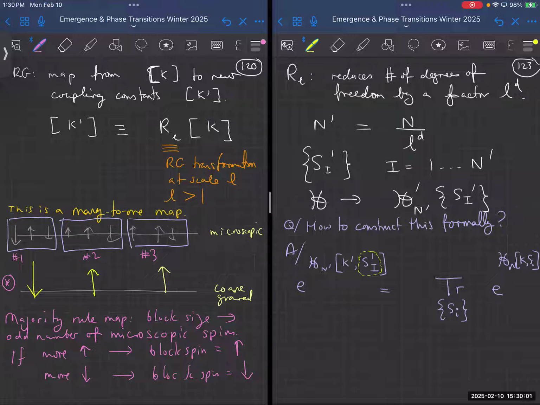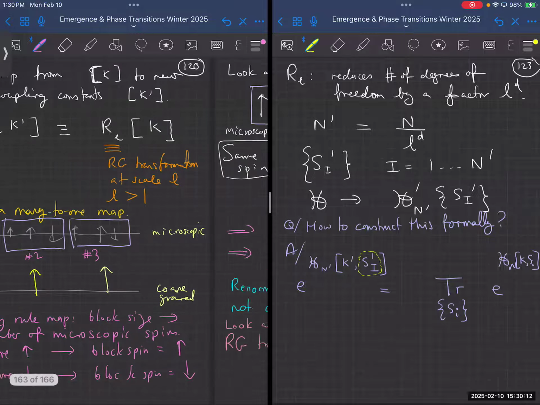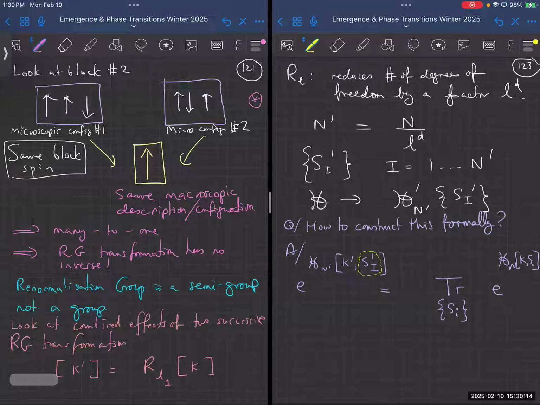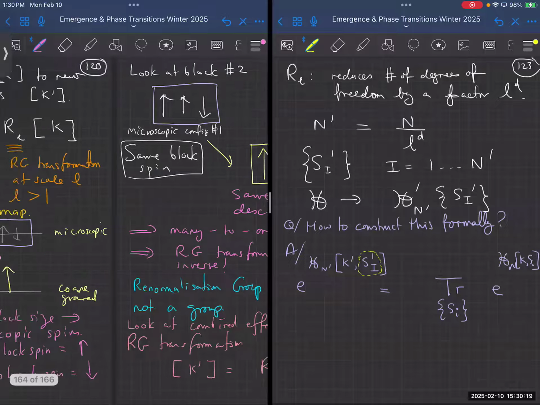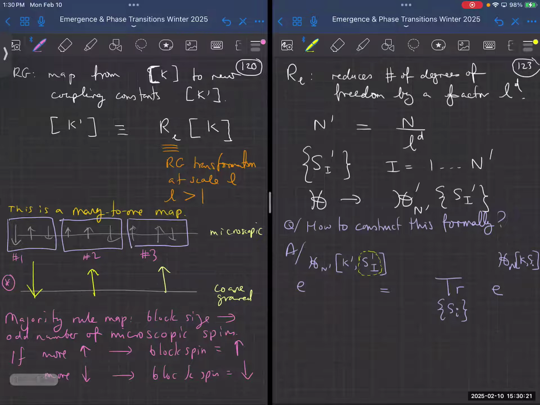I drew for you one possible microscopic configuration that was consistent with that. The ones above it in the blue boxes. But as I just showed you, there were many microscopic configurations that would give the second block spin pointing up. There are many microscopic configurations that would give me the first one pointing down. There are many microscopic configurations that give me the third spin pointing up, and so on.